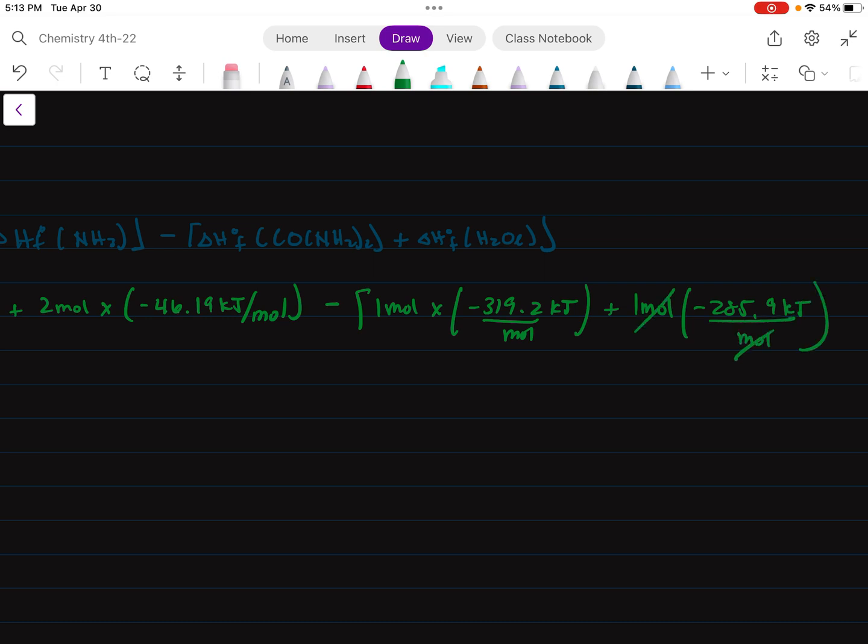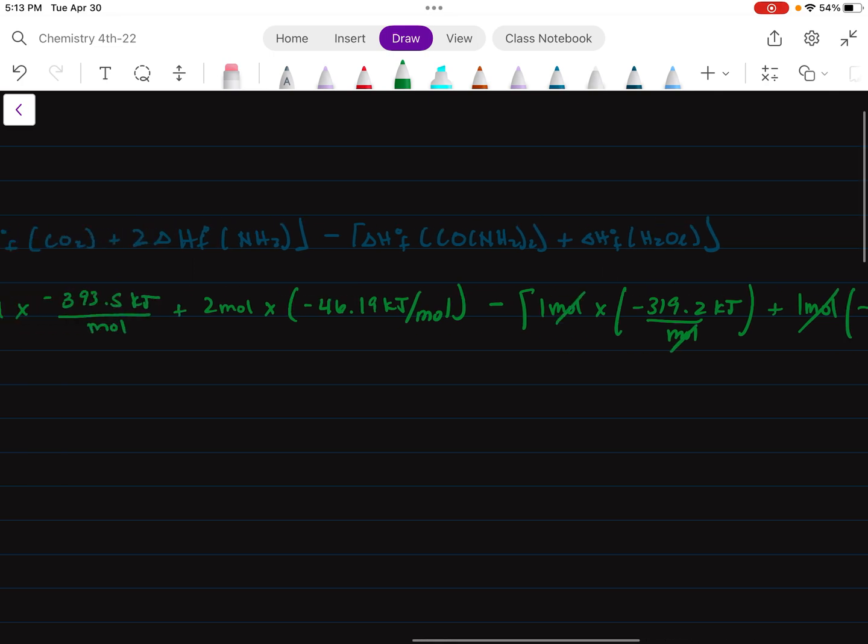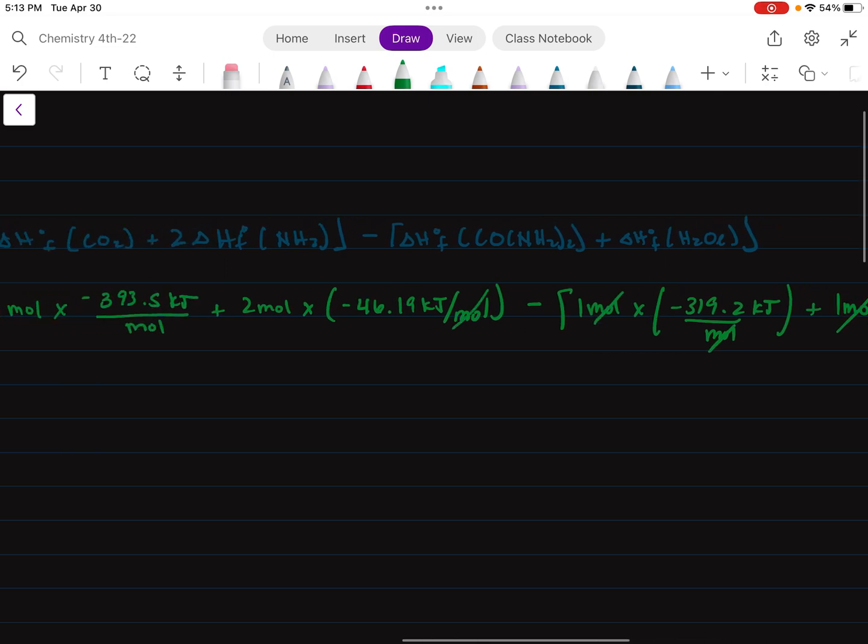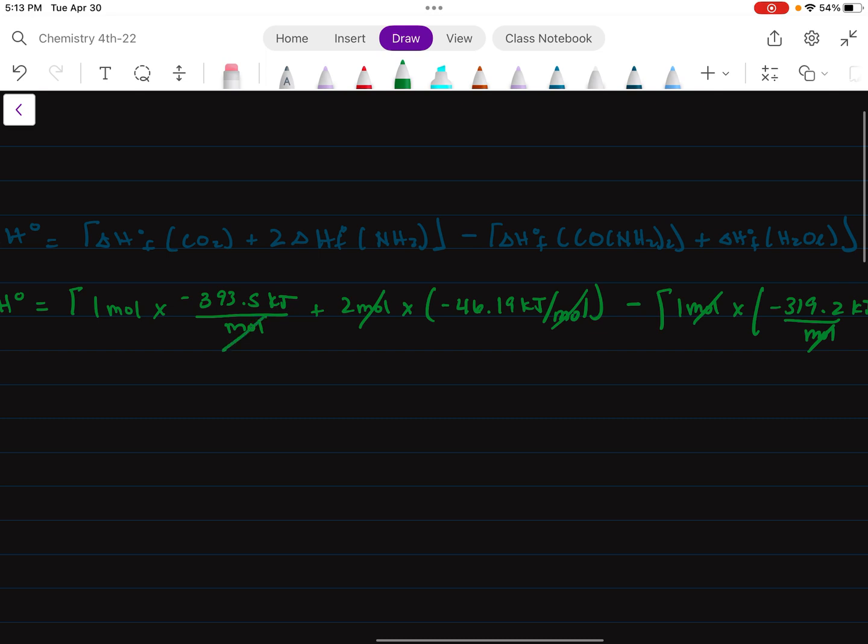Remember that the moles are going to cancel here, here, here, and here.